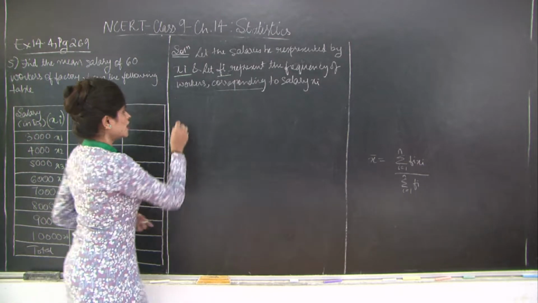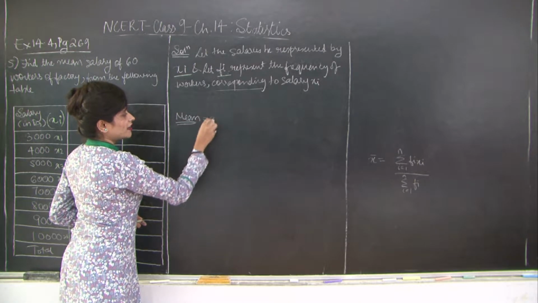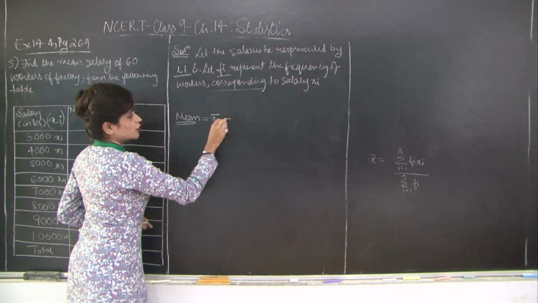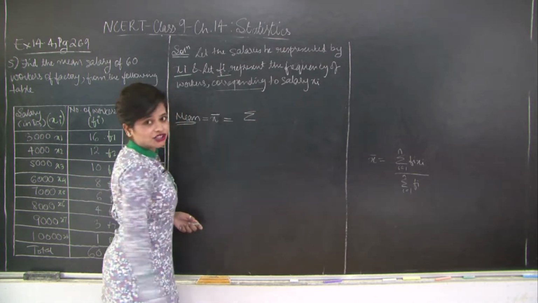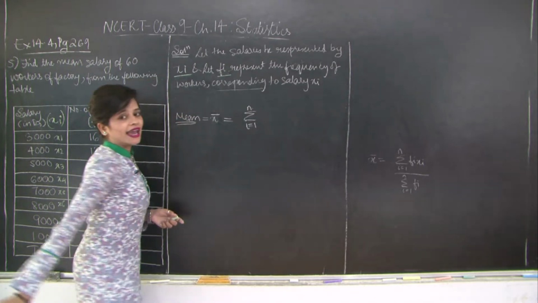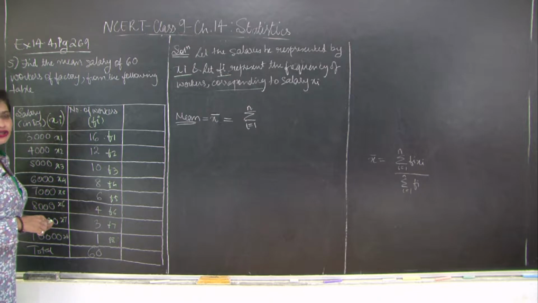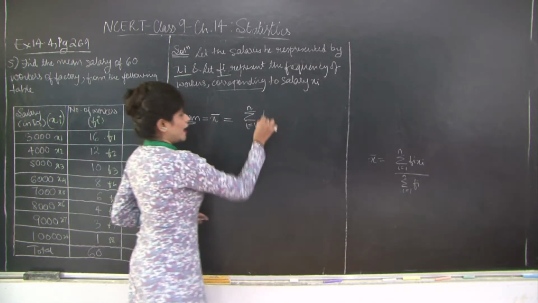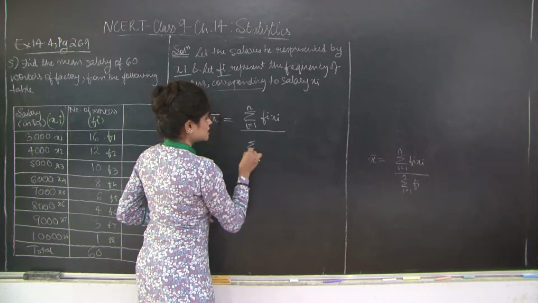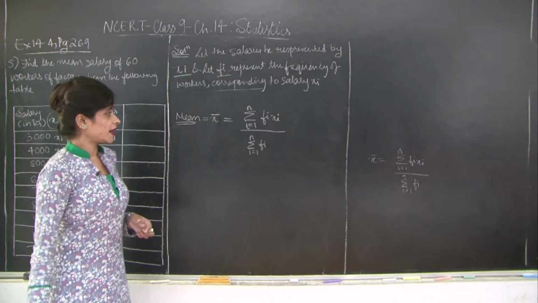So now the mean is given by x bar, which is a fraction of the summation of i equal to 1 up to n. n is going to be nothing but the number of entries in your ungrouped frequency distribution table, fi xi upon summation i equal to 1 up to n fi, right?